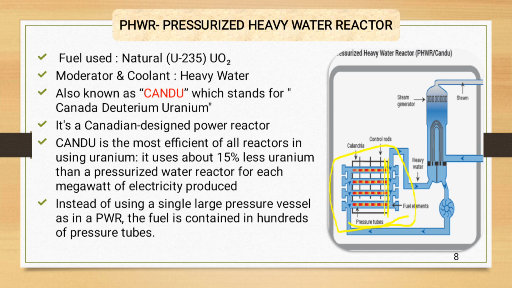Control rods are present vertically like this to control the neutrons. Any excess neutrons are absorbed by these vertically placed control rods, and the whole apparatus is just like a pressurized water reactor, containing a primary loop, and this is the secondary loop. The functioning is exactly the same. The difference is the placement of these pressure tubes and the coolant and moderator.